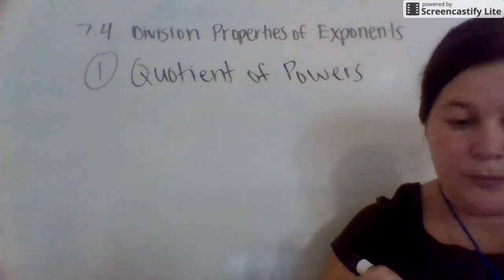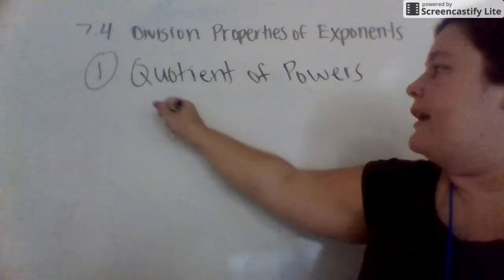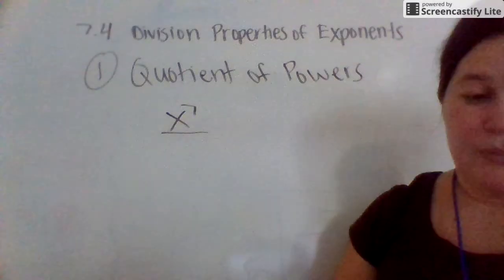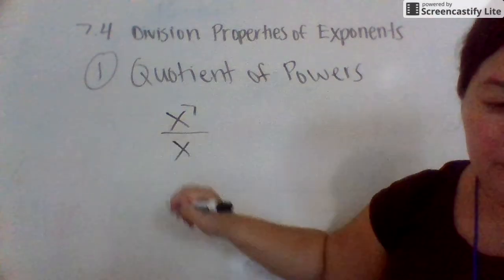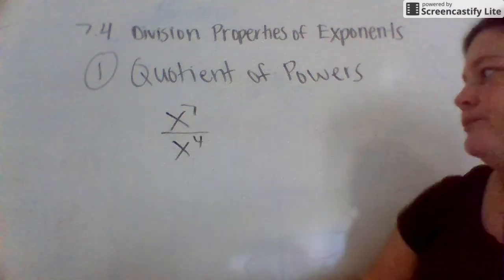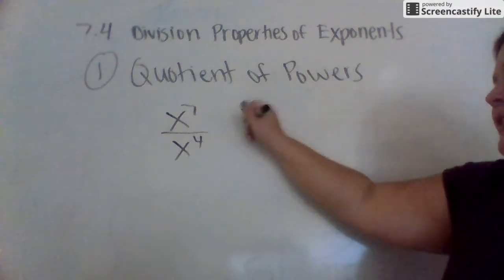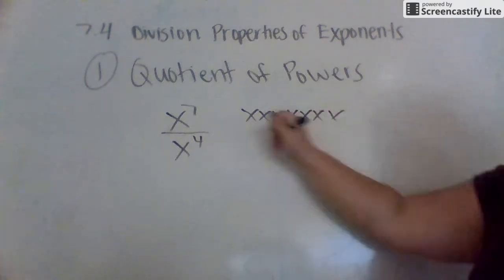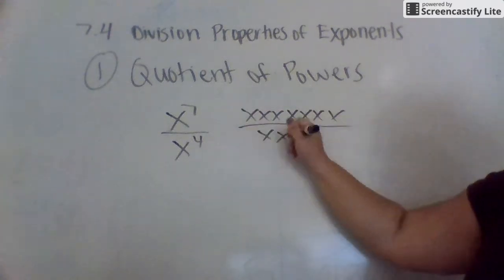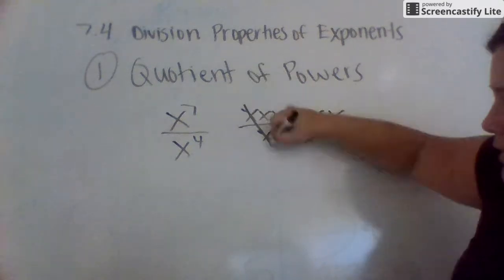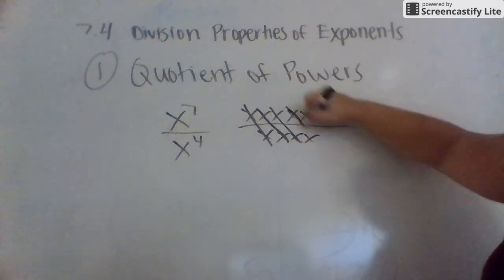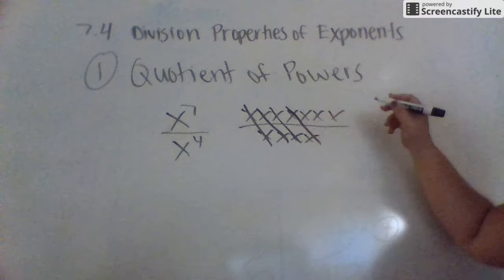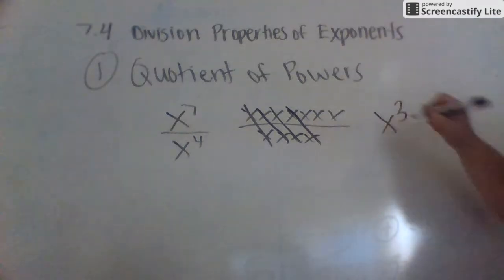So this is where we have something like x to the 7th divided by x to the 4th. So this is just like having 7 x's and then 4 x's. Cancel them out. And then how many do you have left? Your answer should be 3.